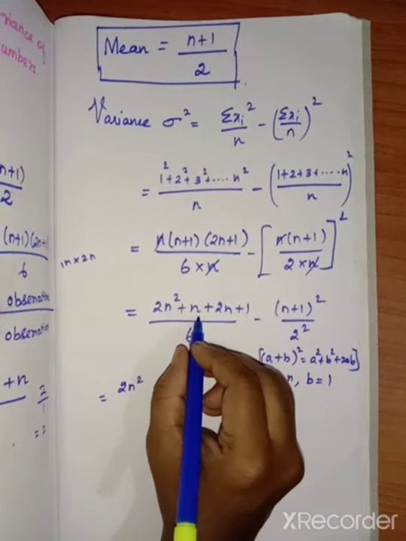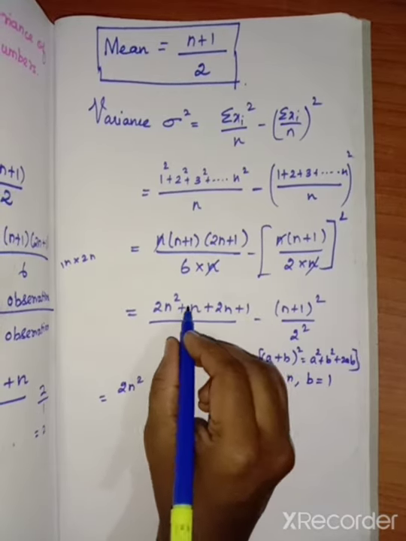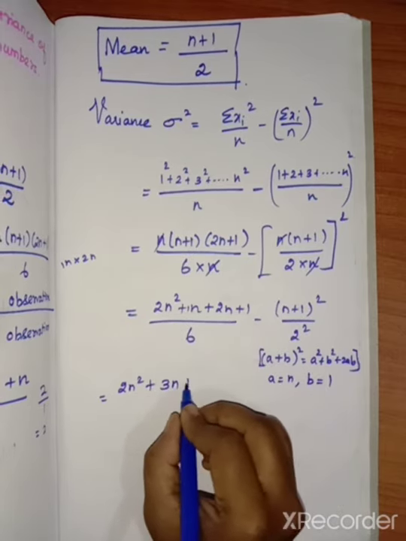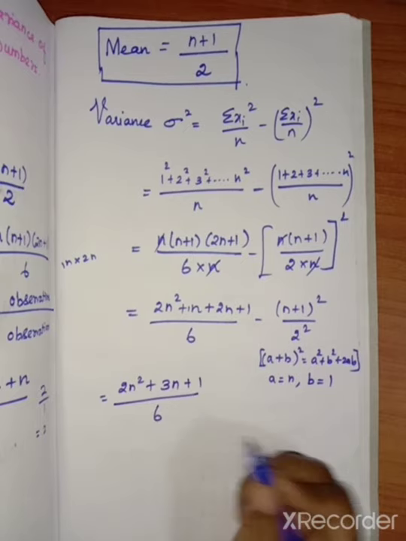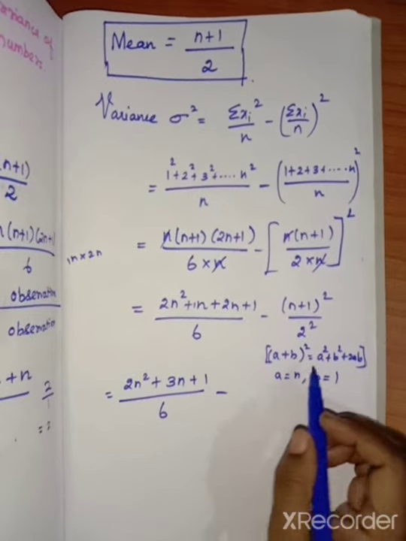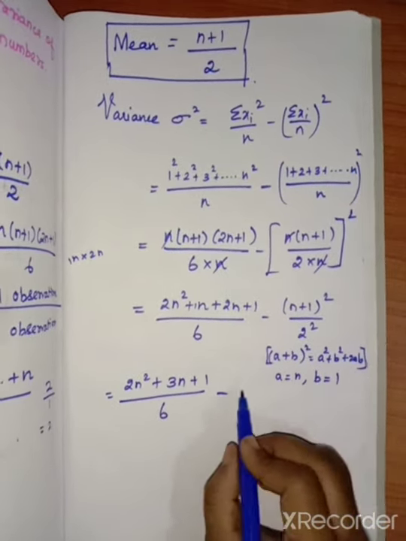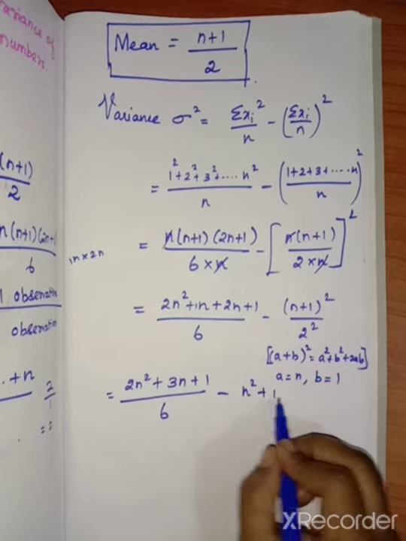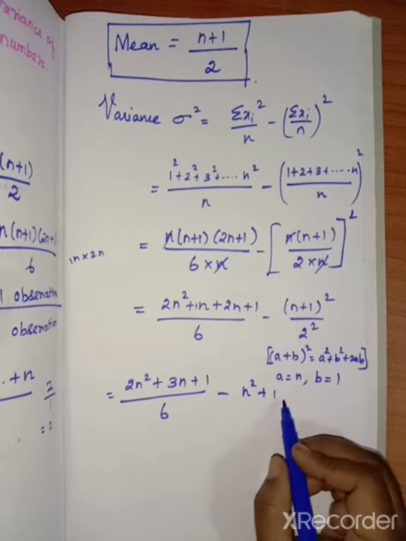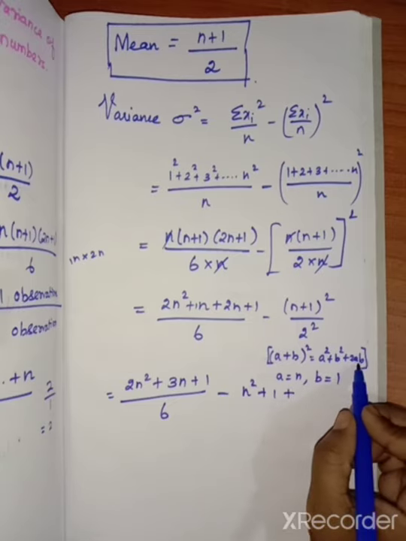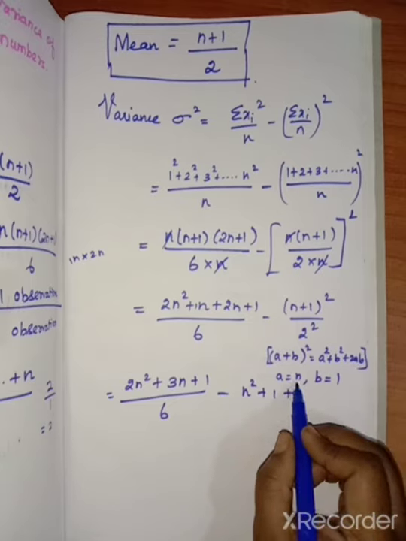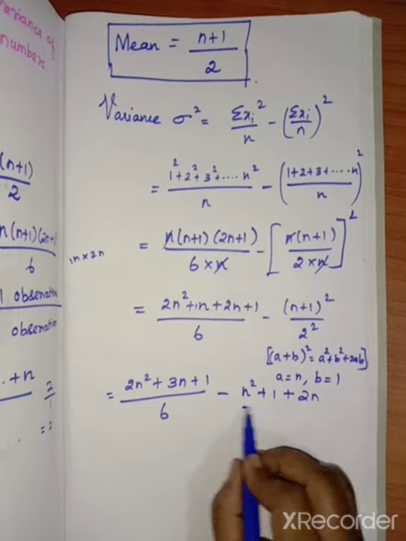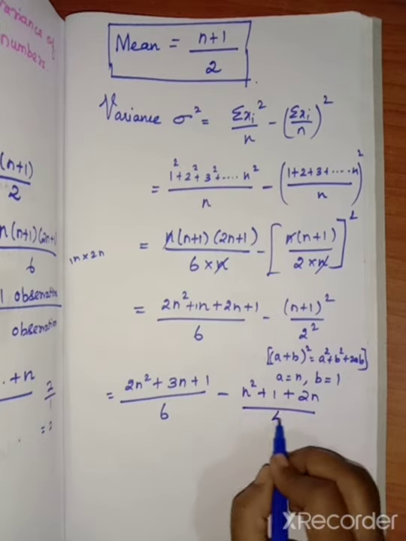Here both like terms, the n terms, we can add, so 1 plus 2, that is 3n plus 1 divided by 6, minus, here we substitute this one: n squared plus b, that is 1 squared, so 1, plus 2 into a into b, that means 2 into n into 1, so 2n, divided by 2 squared, that means 4.